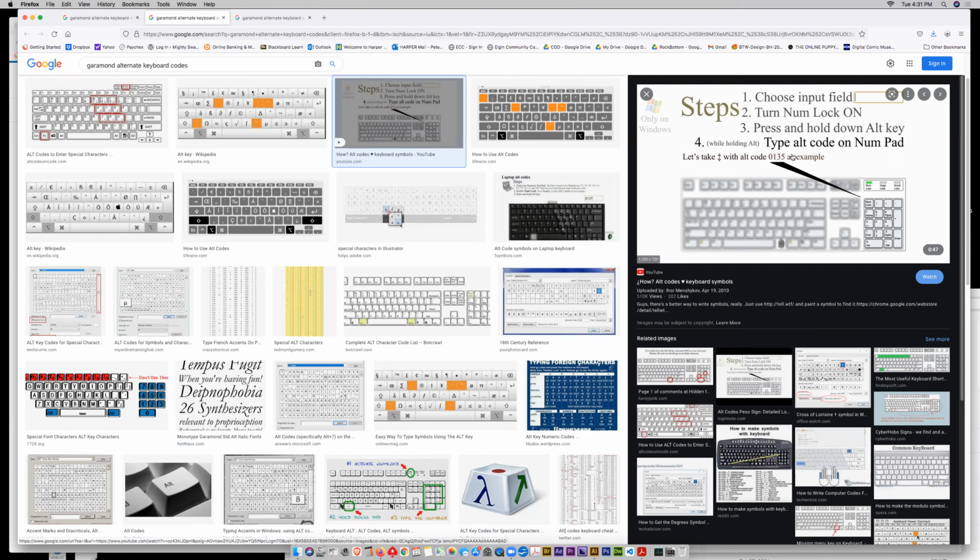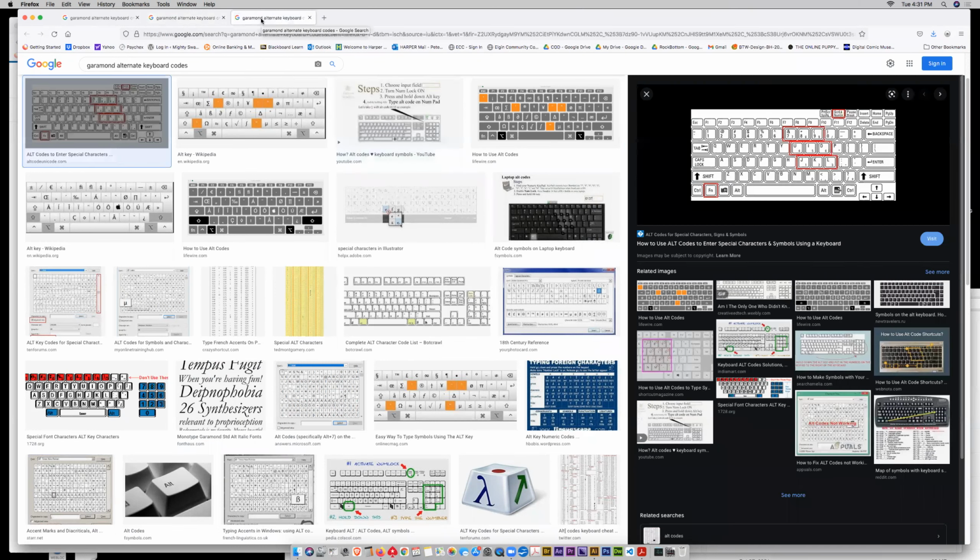Well, okay, hang on. I don't know that this is specific to Garamond, so I want to be careful about what I'm showing you here.